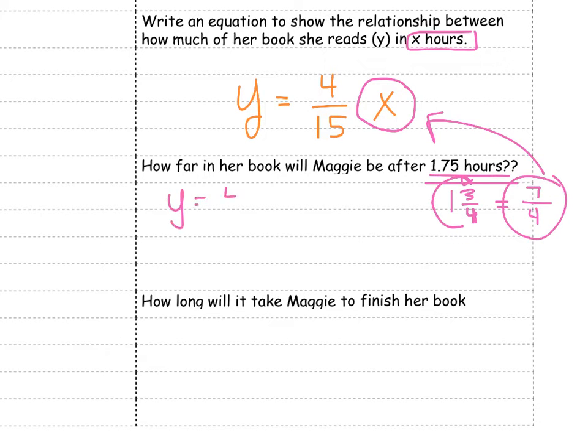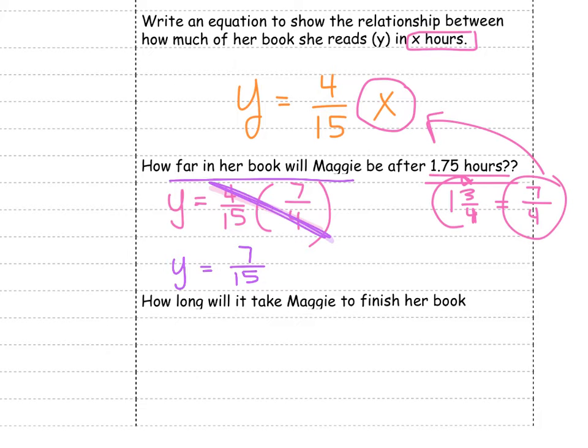So y equals 4/15 times 7/4. Remember we talked about how if you have the same number in the numerator as you do in a denominator, the beauty is they completely cancel each other out. So I can cross my 4's out. And I'm just simply left with 7/15. So how far in her book will she be? 7/15 through her book. And there's my answer.